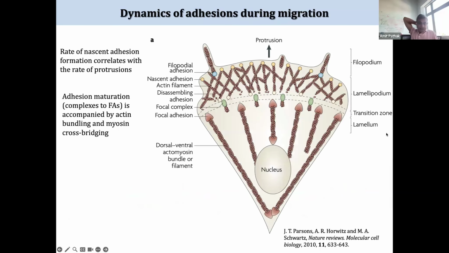So why do we need all these different types of bond dynamics, different types of proteins that make up these adhesions? I like the example of cell migration because that's what got me interested in this field, because of this really fantastic spatiotemporal diversity of different structures.